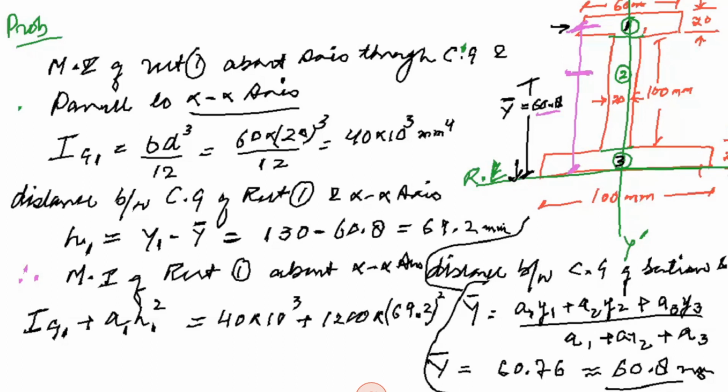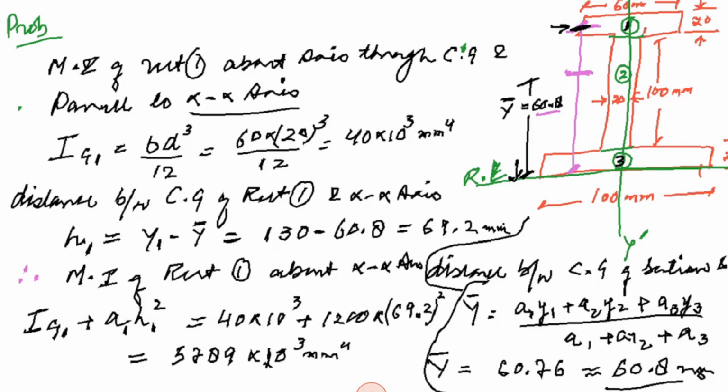This is the moment of inertia of rectangle 1, which is equal to 5789 into 10 raised to the power of 3 mm^4. This was the moment of inertia of rectangle 1, which is the top flange.